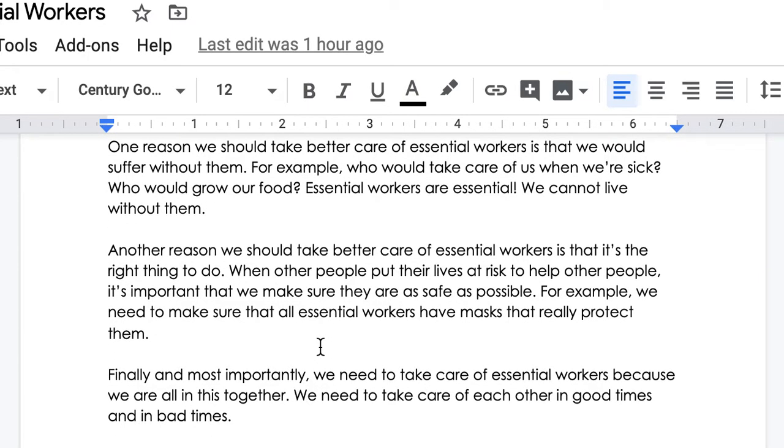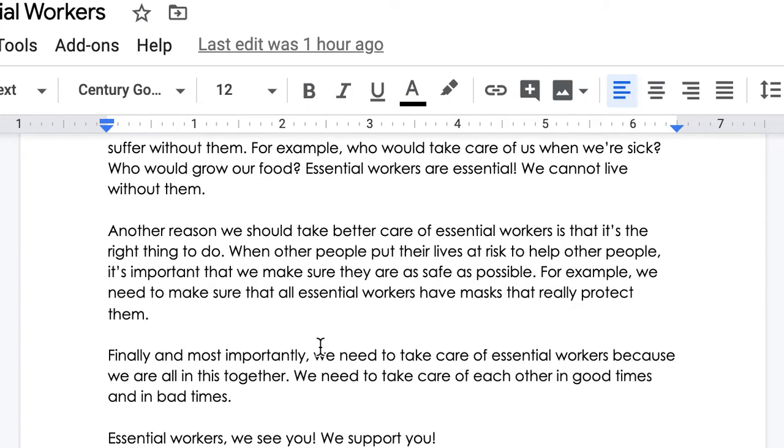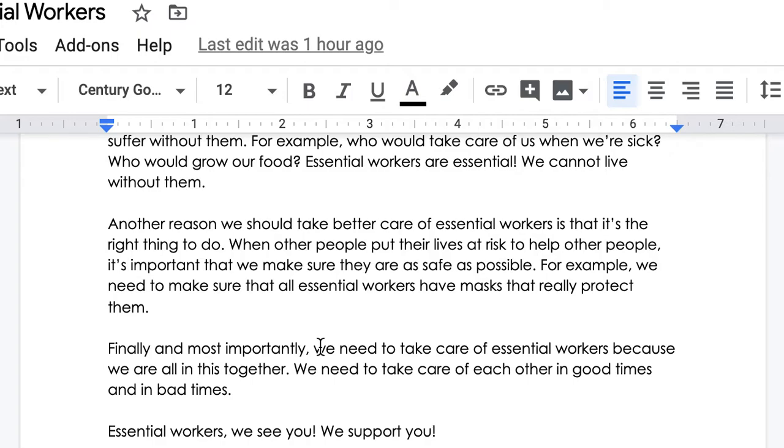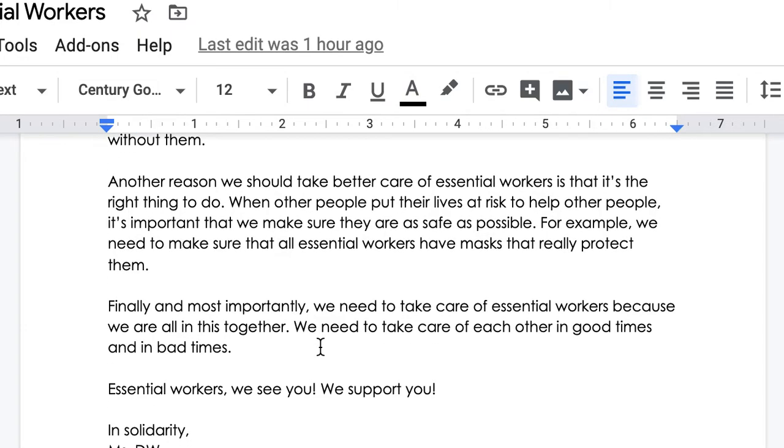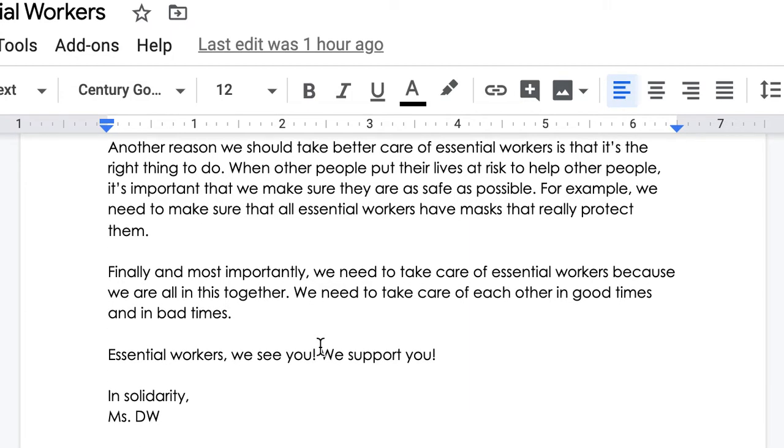One reason we should take better care of essential workers is that we would suffer without them. For example, who would take care of us when we're sick? Who would grow our food? Essential workers are essential. We can't live without them. Another reason we should take better care of essential workers is that it's the right thing to do. When other people put their lives at risk to help other people, it's important that we make sure they are as safe as possible.